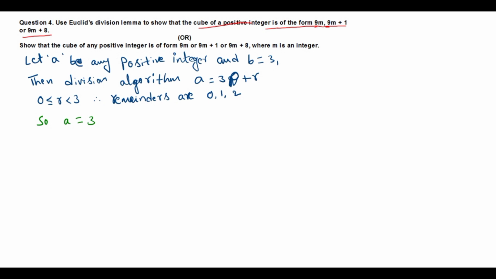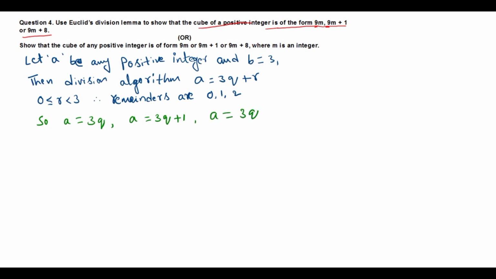Or okay, q also we can take here because q is the coefficient. So a equal to 3q, okay, and 3q plus 1, again a equal to 3q plus 2.